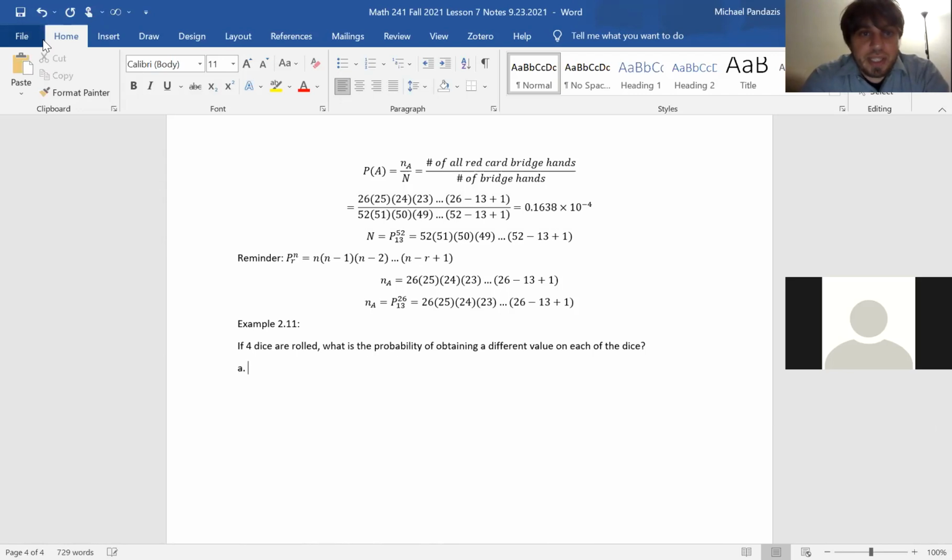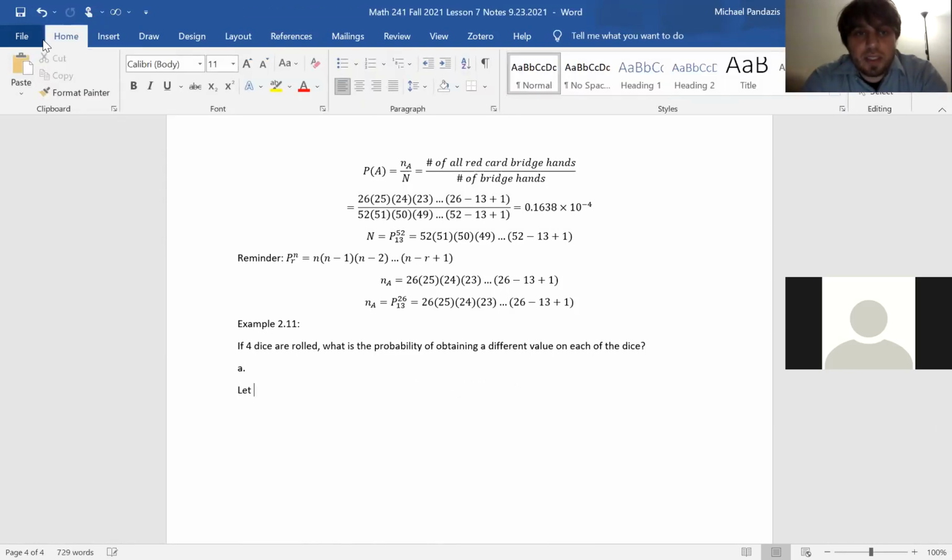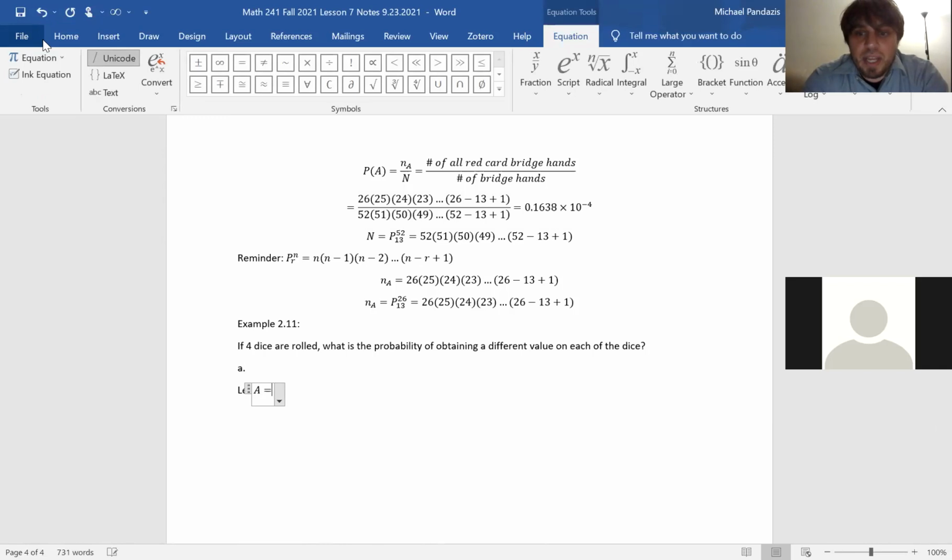Okay, so part A. So let's introduce the notation again. Let's let capital A equal the event of rolling a different value on each of the four dice rolls.